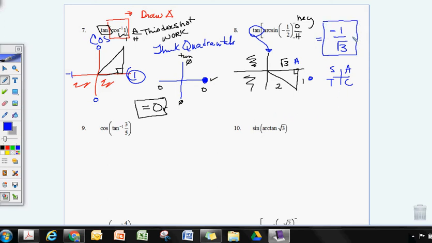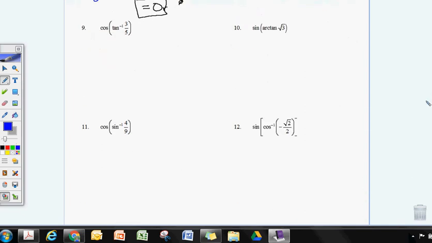I just want to point out that if this was a multiple choice question on the test, it could be rationalized to that, so you've got to start to recognize your rational numbers. Notice these two-part questions: you're doing the inside part that builds the triangle, and the outside part, you just take the trig ratio of it.